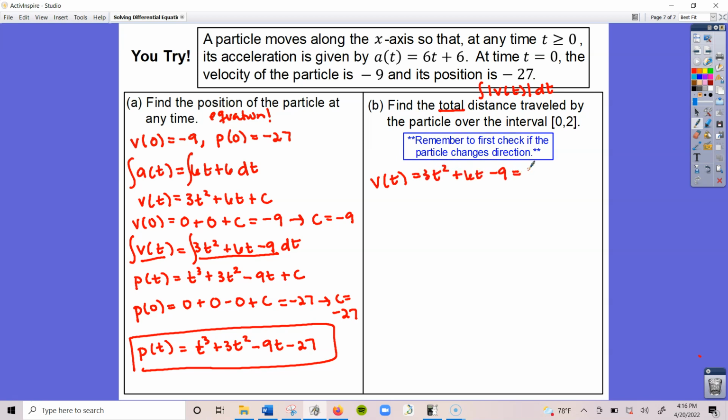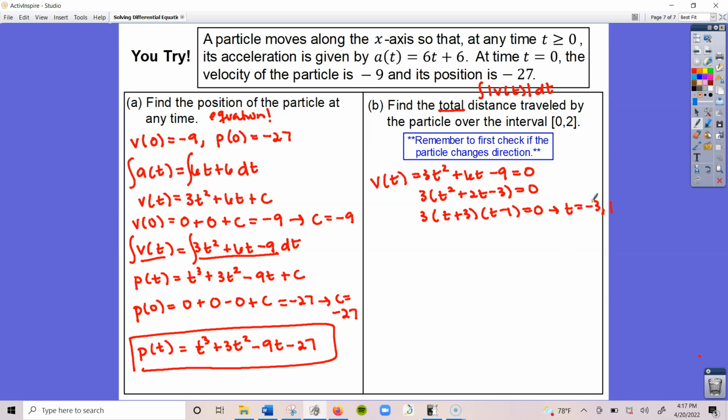We're going to make it equal to 0 so we can get those critical numbers. From each of these terms, I can take out a 3, which will give me t squared plus 2t minus 3. If I continue to factor that, that will give me t plus 3, t minus 1, giving me values of t of negative 3 and 1.